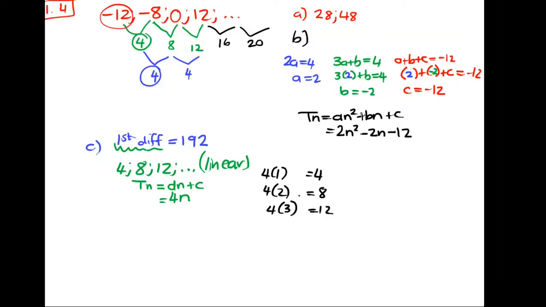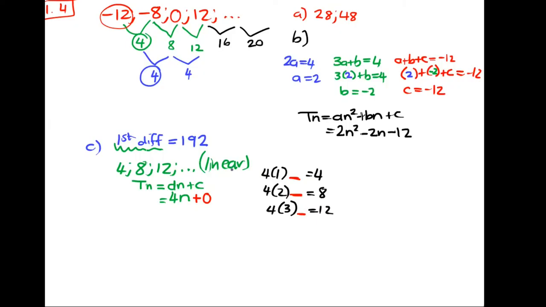In the previous questions, we had to put a value in this position to get our answer. But for this question, 4 is equal to 4, 8 is equal to 8, so our C value is actually 0. You don't have to write that down because we don't normally say 4n plus 0. So our pattern is just 4n.